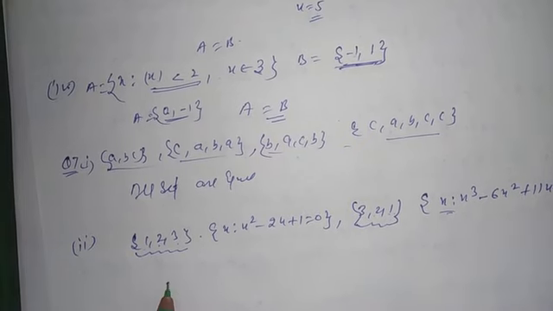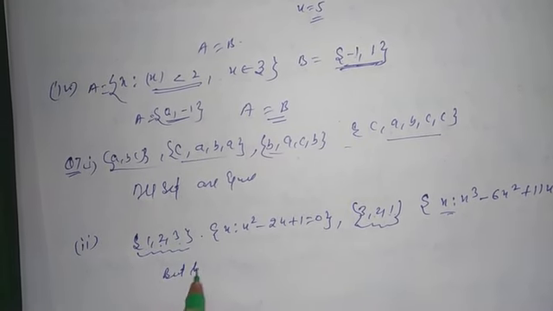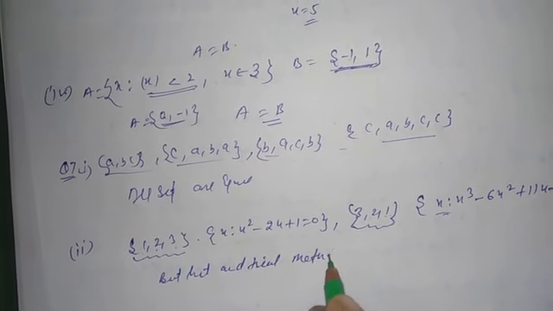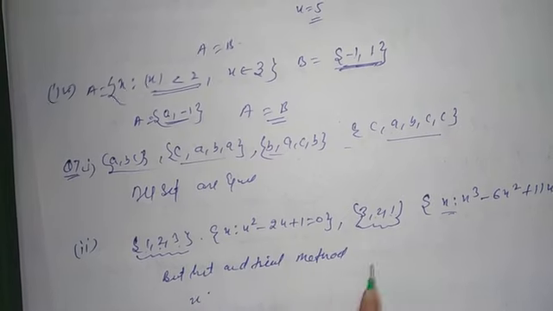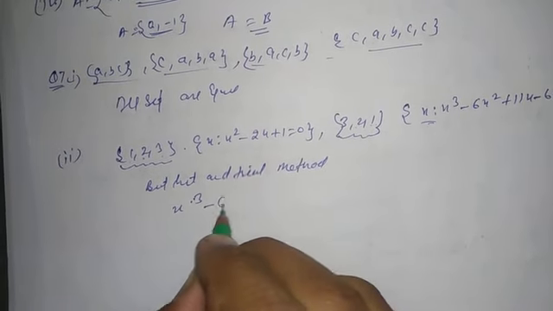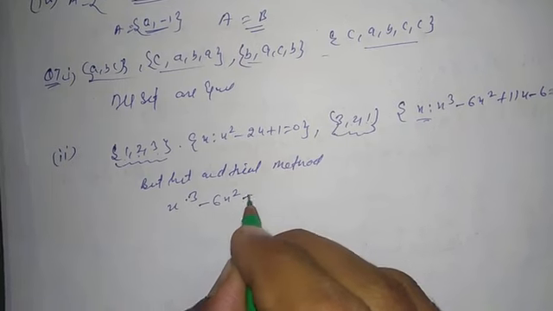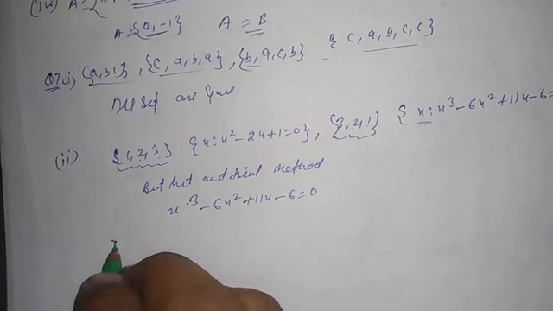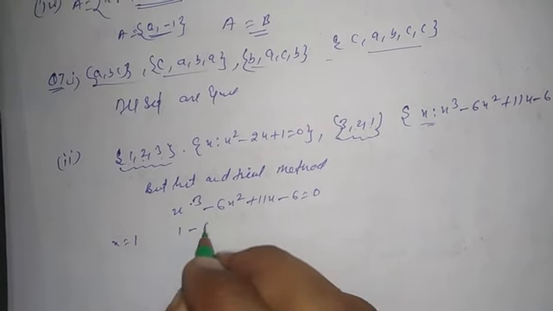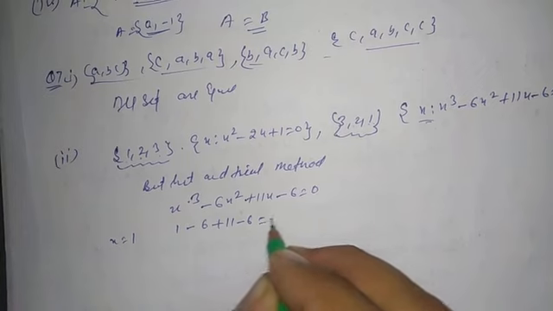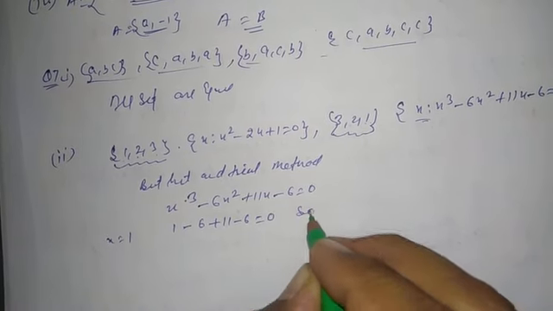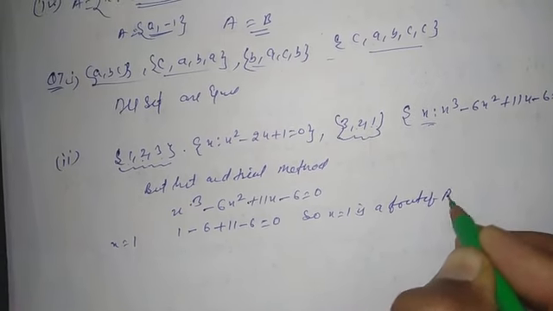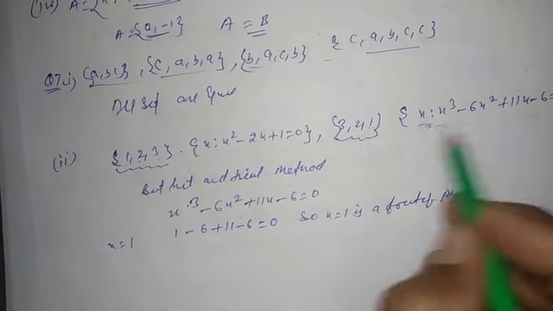And solve this by hit and trial method. x cube minus 6x square plus 11x minus 6 is equal to 0. x is equal to 1: 1 minus 6 plus 11 minus 6 equal to 0. So x is equal to 1 is a factor of p(x) of the given.